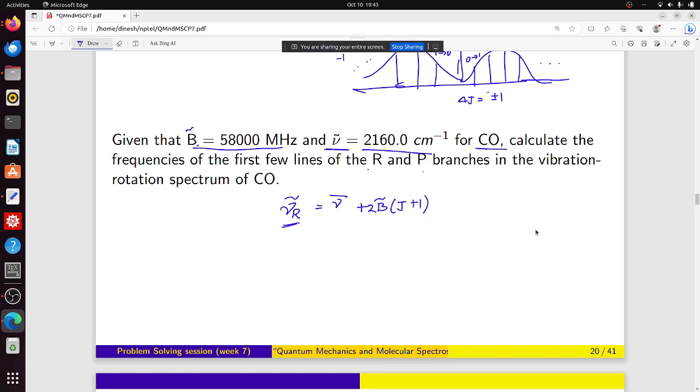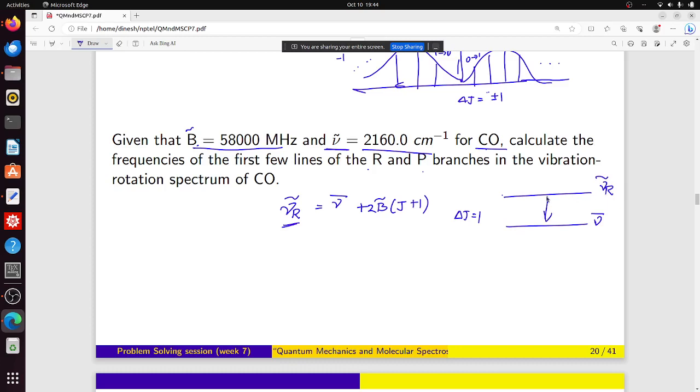Okay, so this is your reference line, nu bar, and you are going delta J equal to plus 1, right? Then this is nu R, let's say.